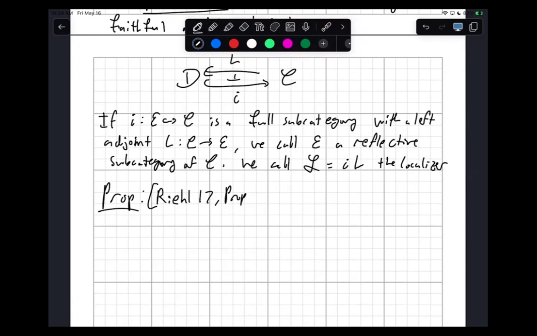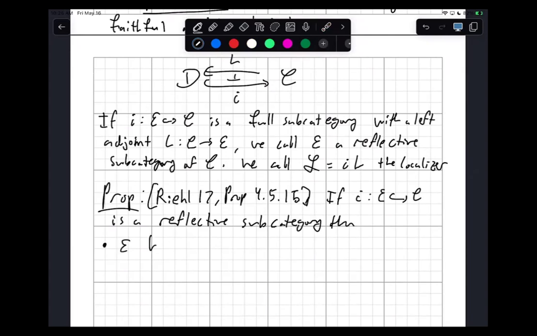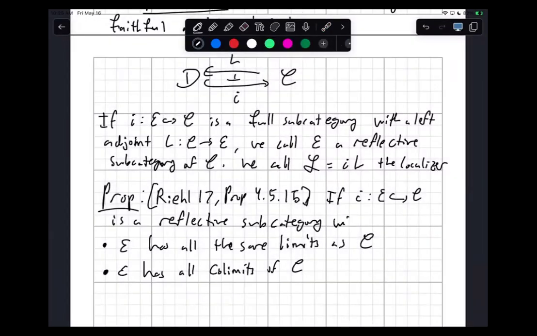This is proposition 4.5.15, which says if I from E to C is a reflective subcategory, then E has all the same limits as C, and E has all colimits of C, obtained by computing the colimit in C and then applying L, where L is the left adjoint.